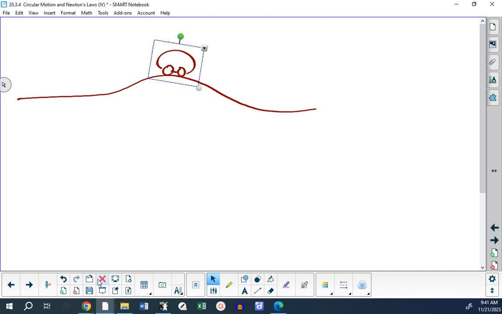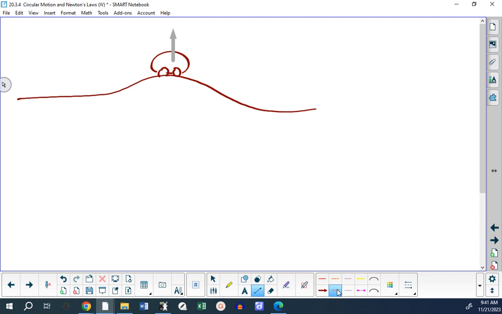Now, there is a normal force. I just want to straighten this out. It doesn't matter. There is a normal force, which is up, which is your apparent weight. The normal force is your apparent weight.